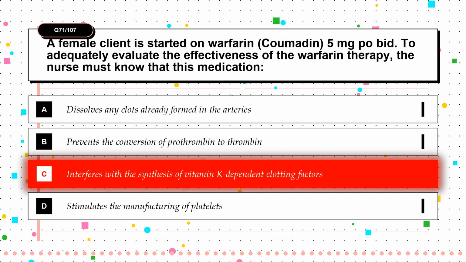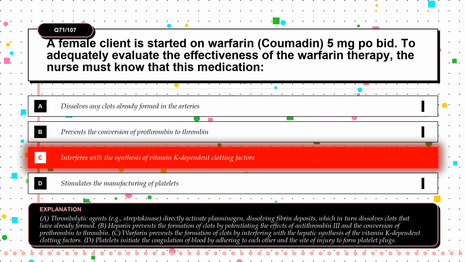The correct answer is option C. Interferes with the synthesis of vitamin K-dependent clotting factors. A. Thrombolytic agents, for example streptokinase, directly activate plasminogen, dissolving fibrin deposits, which in turn dissolves clots that have already formed.